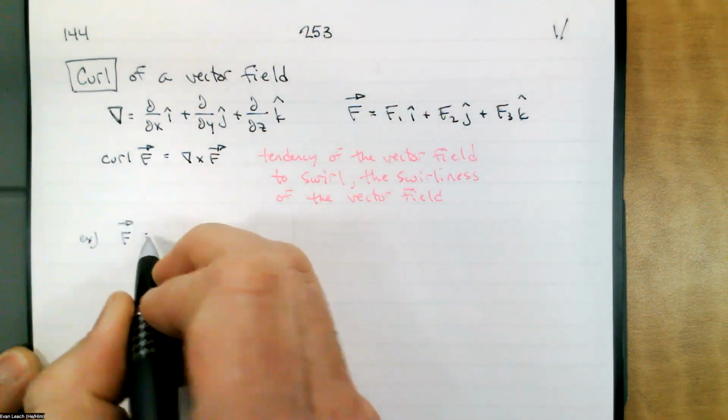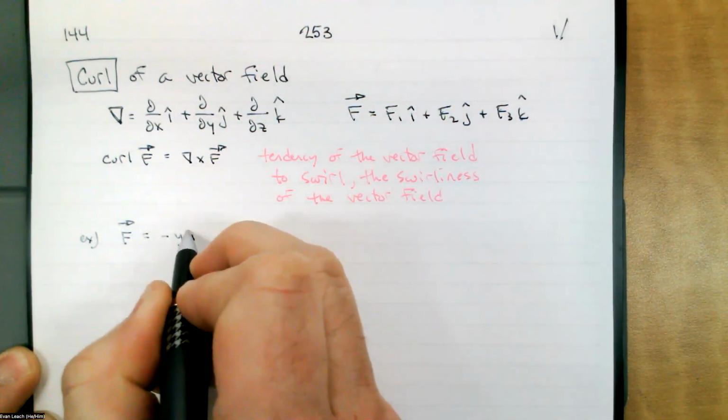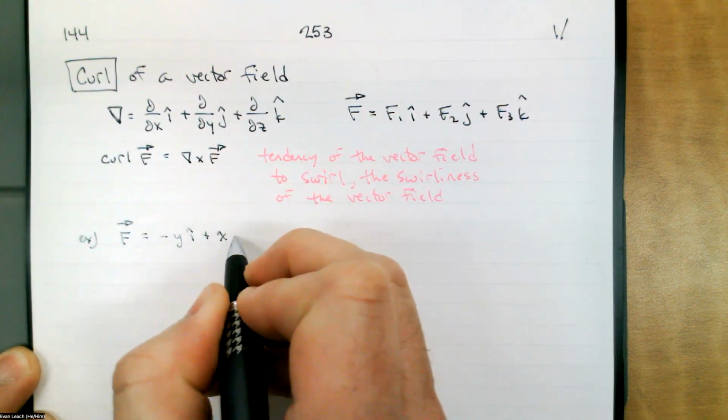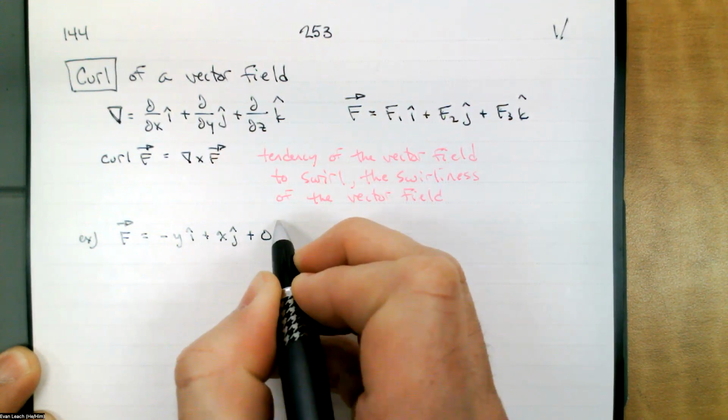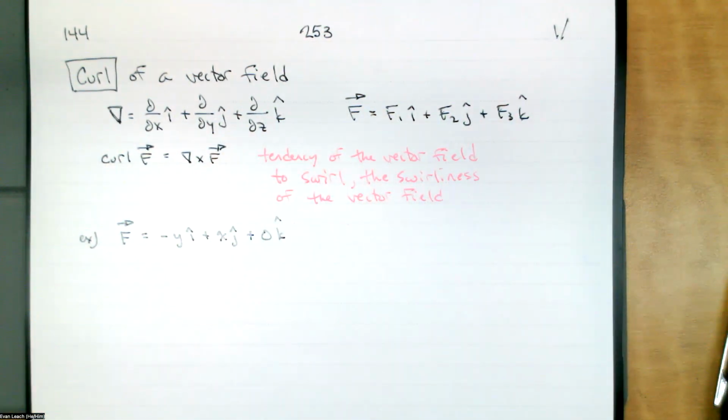So let's grab a vector field, minus y i hat plus x j hat, and let's just keep things flat in the z. I want it swirling around. I'm just going to pick a vector field that is just swirling around. So if you would recall, this is a vector field whose flow lines are concentric circles centered at the origin.